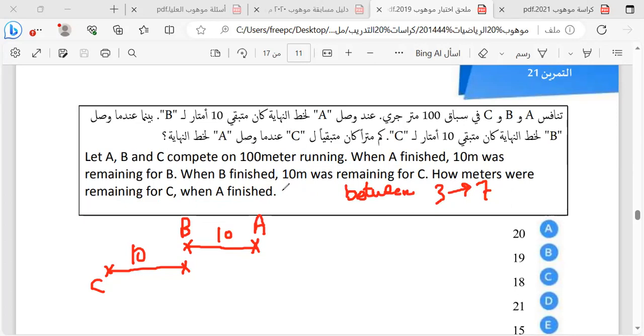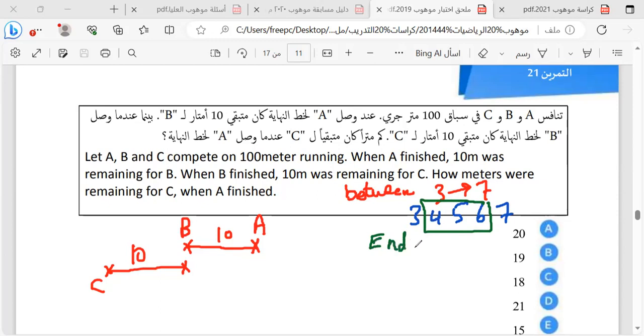If C had 10 meters left, and when B finished, C had 10 meters, 10 plus 10 is 20. Look, 3, 4, 5, 6, 7. It said between them, so it will be 3 numbers, right?